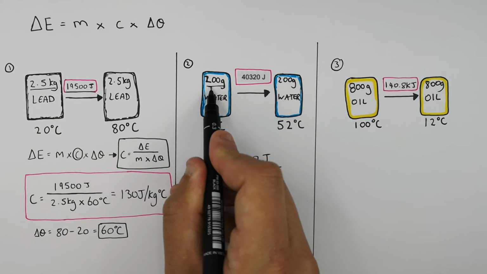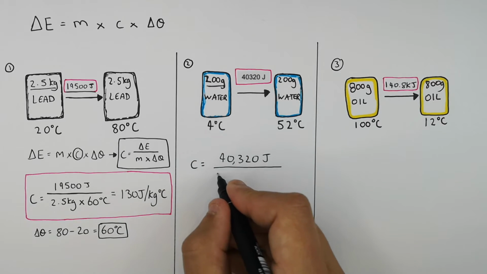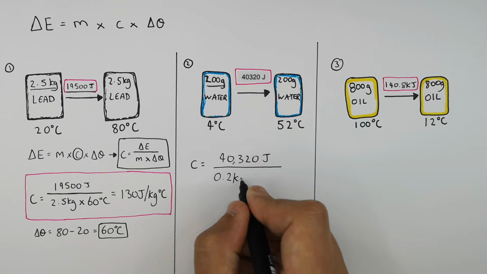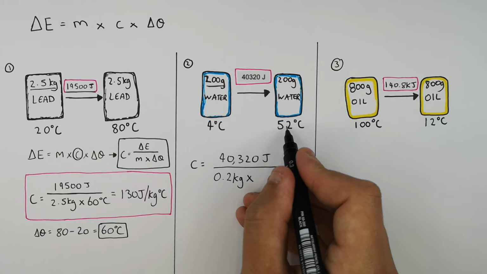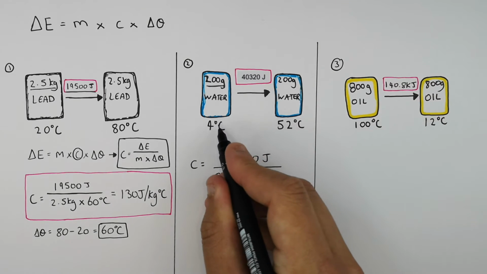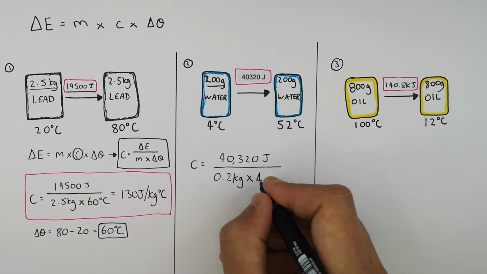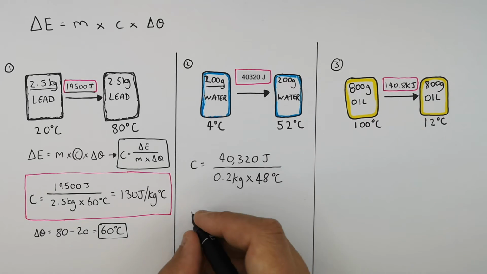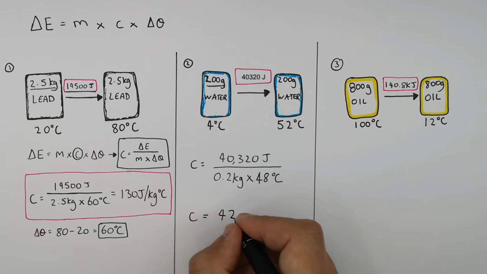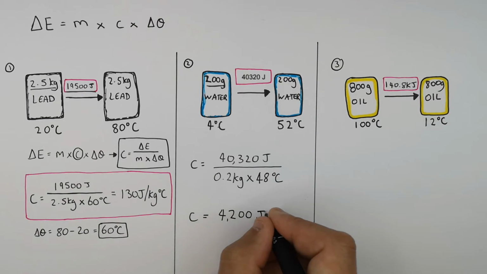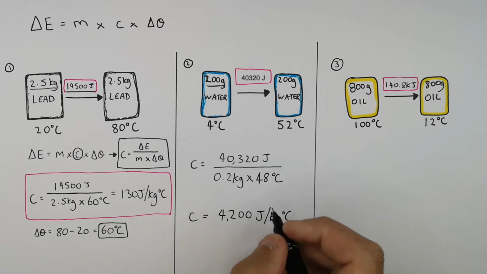So it's not 200 grams we're going to use in the equation, it's 0.2 kilograms. And you multiply the 0.2 kilograms by the change in temperature. So it's 52 degrees Celsius minus 4 degrees Celsius, which equals 48 degrees Celsius. So that gives you a specific heat capacity of water of 4,200 joules per kilogram per degree Celsius.